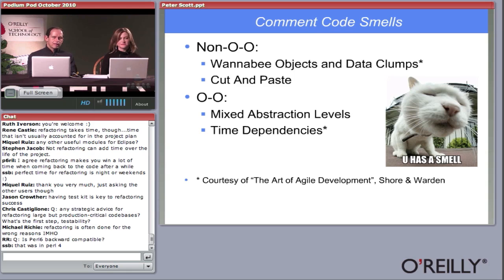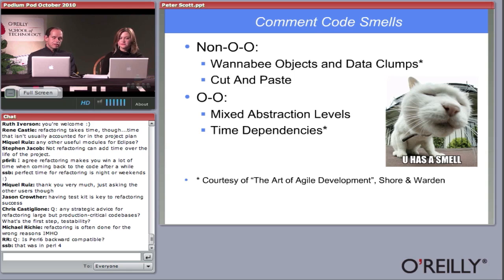Mixed abstraction levels and time dependencies are higher level object-oriented concepts. Mixed abstraction levels means that you have a method where there's simple low-level code going on in between calls to higher level functions, and that makes your brain jump around an abstraction hierarchy that should all be happening at the same level. Within the same scope, yes.